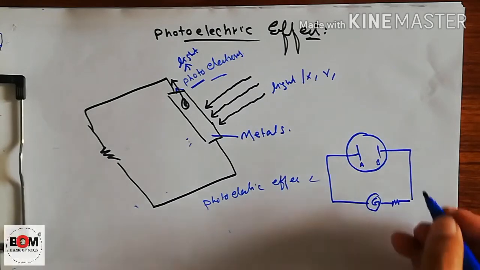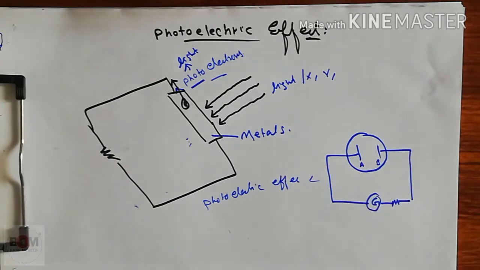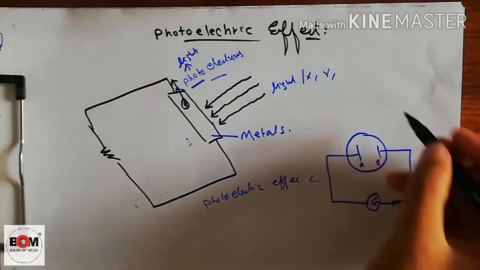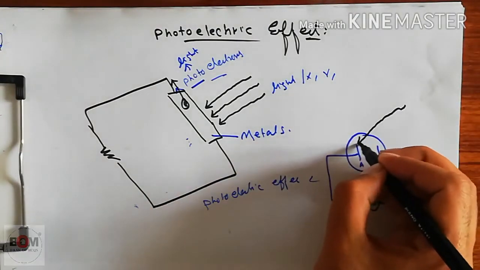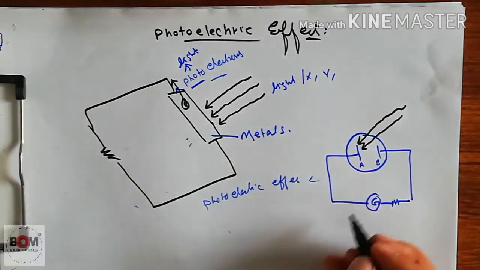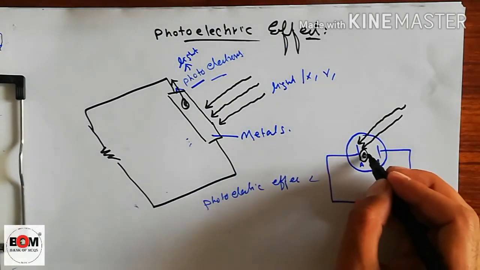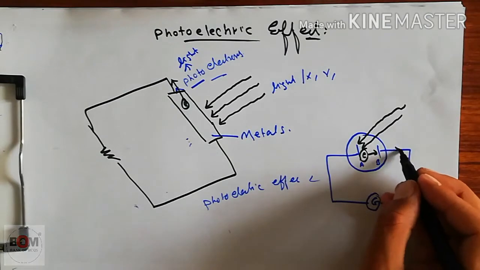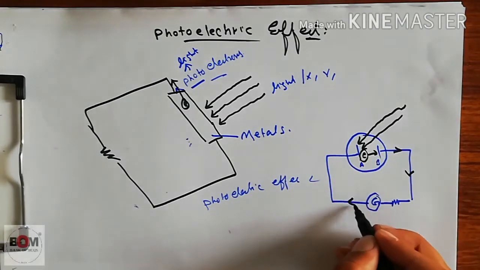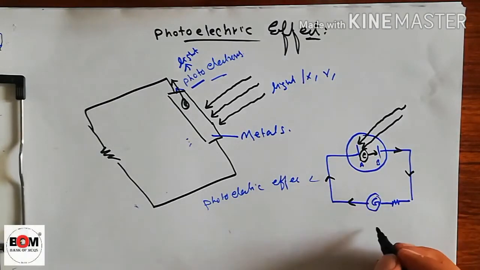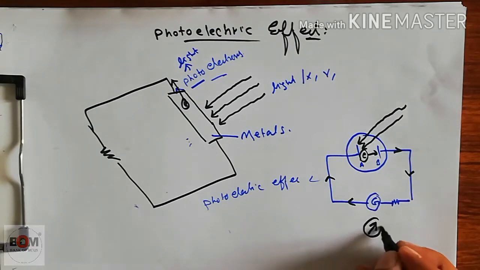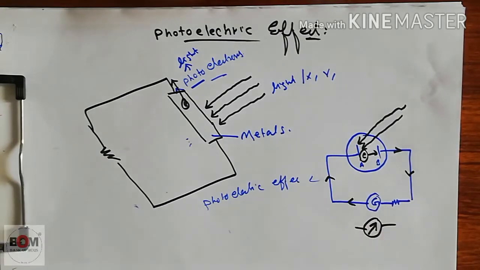If this apparatus is kept in the dark, no electrons will be produced, but if we keep it in light, the light will hit metal A, the electrons will be removed from A and will move towards B, and then the electrons will move in the circuit. When these electrons pass through the galvanometer, it will show a deflection. It means that current is produced.